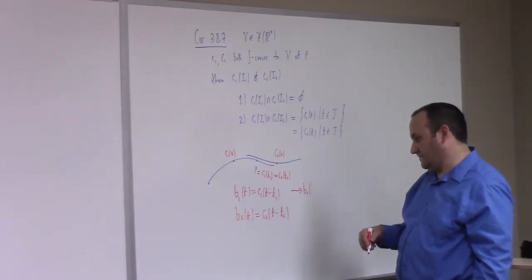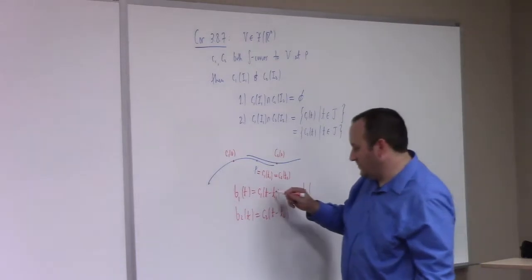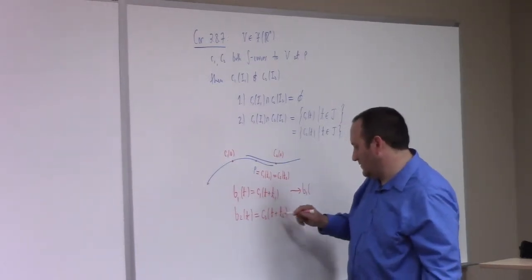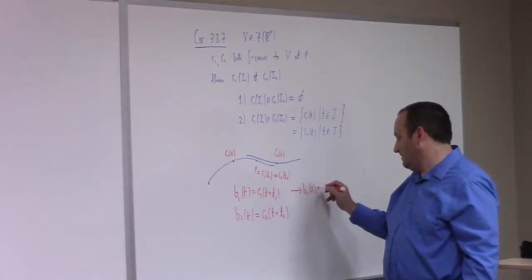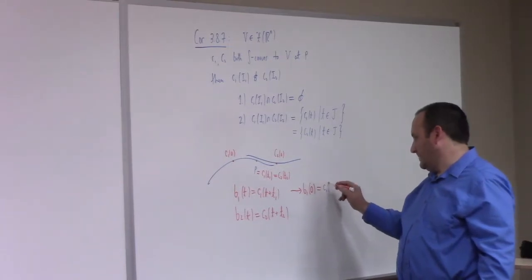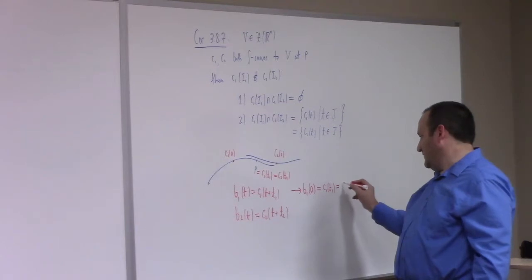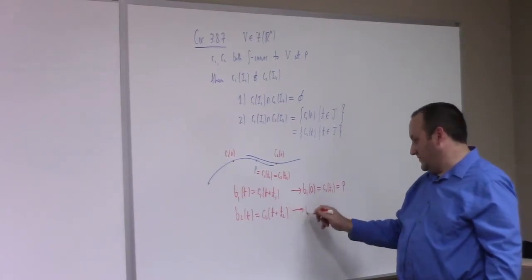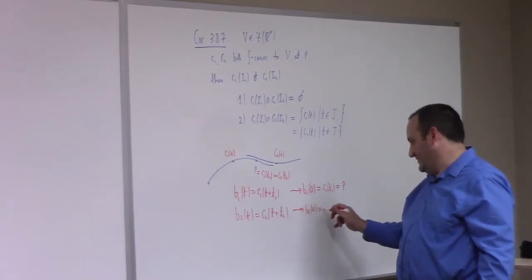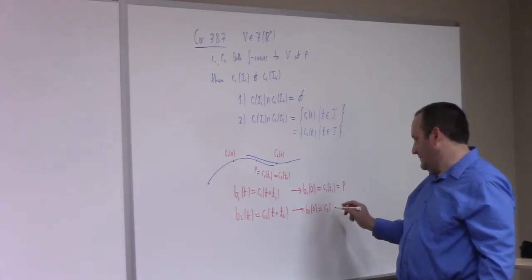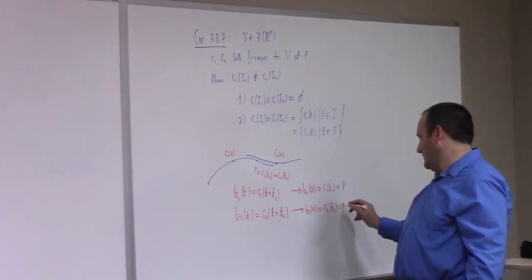I'm sorry, it should be plus T1, plus T2. So B1 of 0 is what? C1 of T1, which is P. And B2 of 0 is what? C2 of T2, which is P, right?